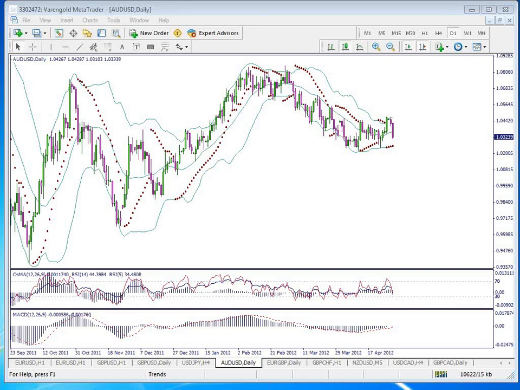I will just make one recap of the system rules, and we will have some examples on Aussie dollar. Also, I think that Christy will post very soon one example of a trade on pound in the members area, so you can go there and check it.